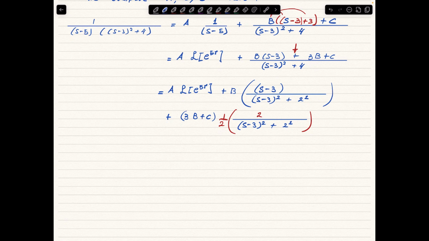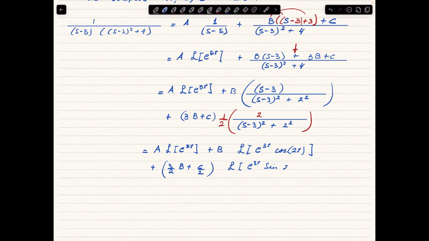And like we did in the previous term, what we end up with here is a Laplace transform of exponential 5t, plus b, the Laplace transform of exponential 3t cosine of 2t, plus, and now we have this ugly term, 3/2 b plus c over 2, which is just a number, times the Laplace transform of exponential 3t sine of 2t.